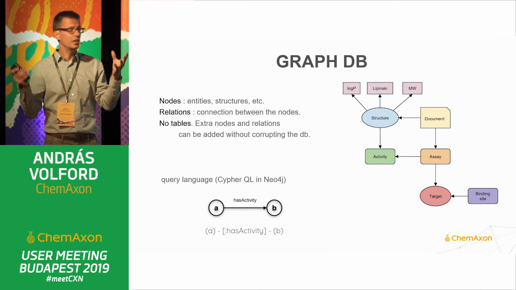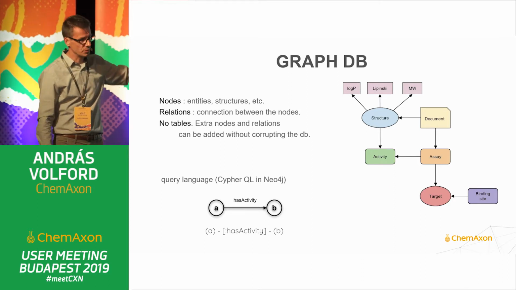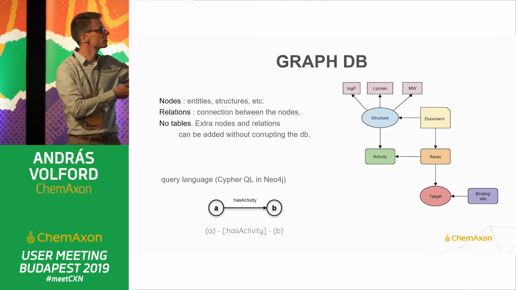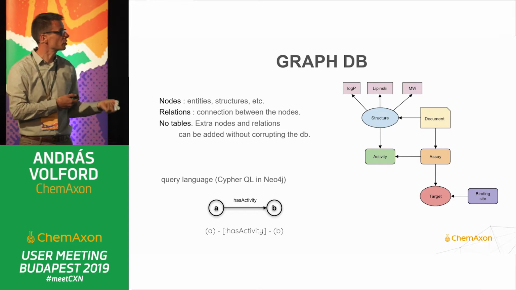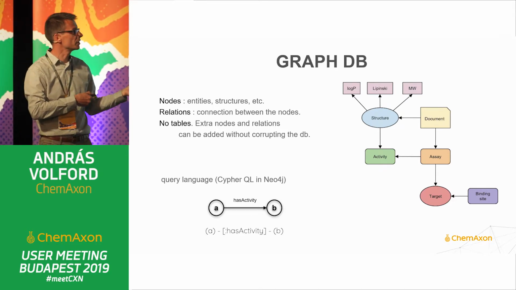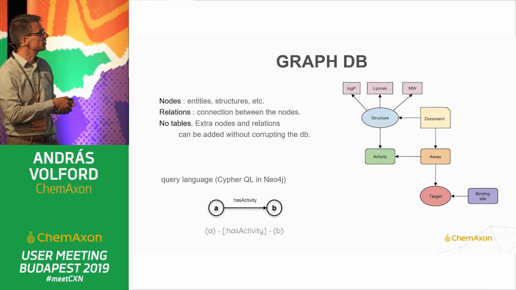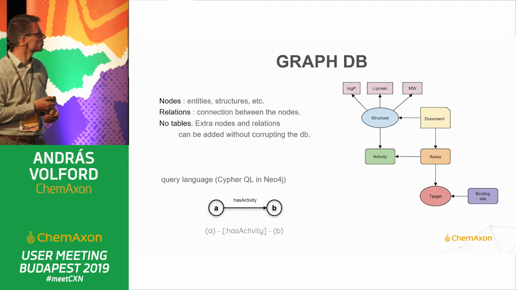Okay, for the others, in graph databases you have nodes and you have relations between the nodes. You can imagine such a graph database where, for example, a structure is a node, a document is where you get the structure from, you can have an activity with the structure, and you can have calculated values, and these are the relations which make the connections between specific nodes.